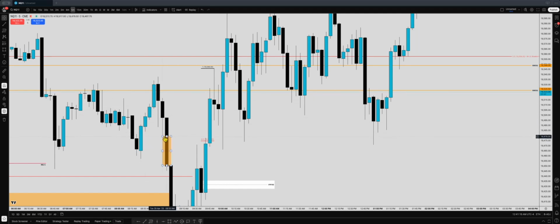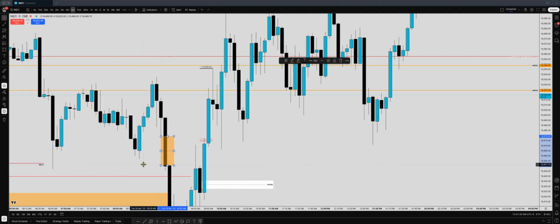So ideally we would want to be in here or something. But the fact that we have a fair value gap with roughly half inside the bullish candles and the other half outside, I don't really necessarily like that.